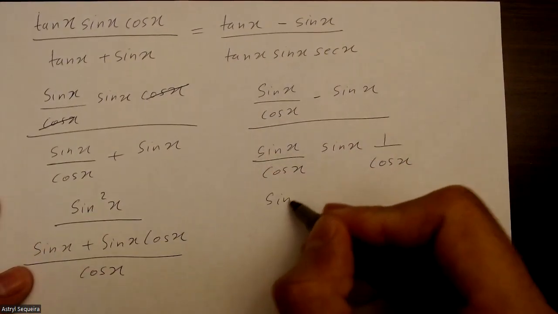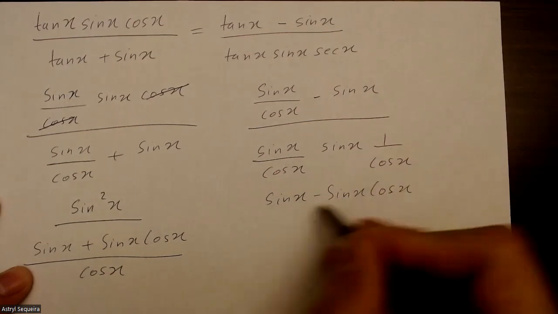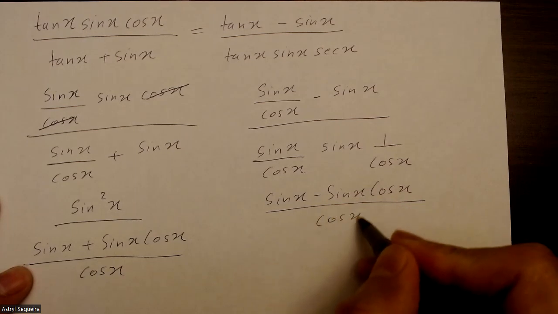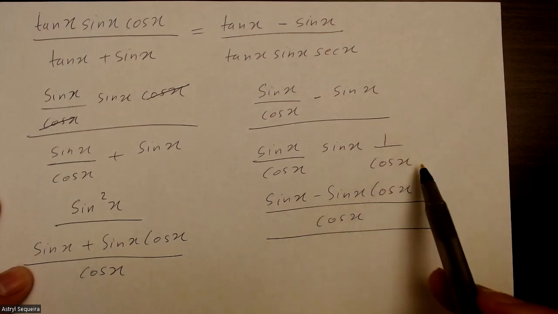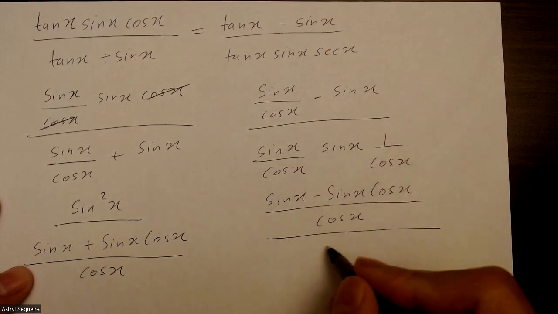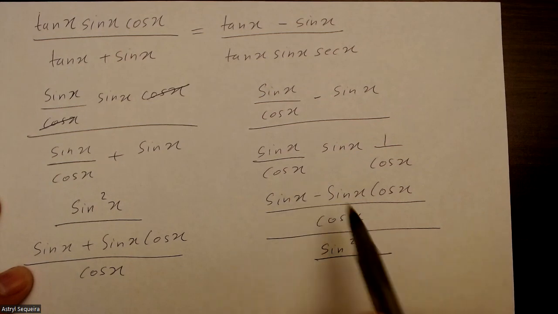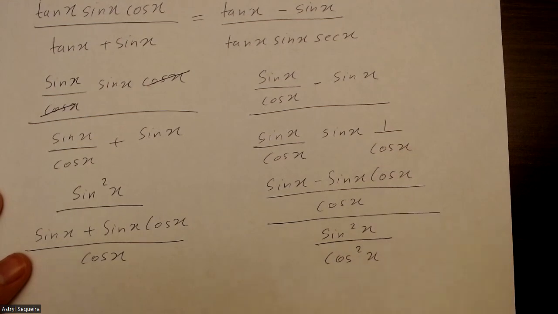So I'll have sine x minus sine x cos x divided by cos x. Multiply top and bottom here by cos. And on the bottom, sine times 1 is sine squared x. Cos times cos is cos squared x.